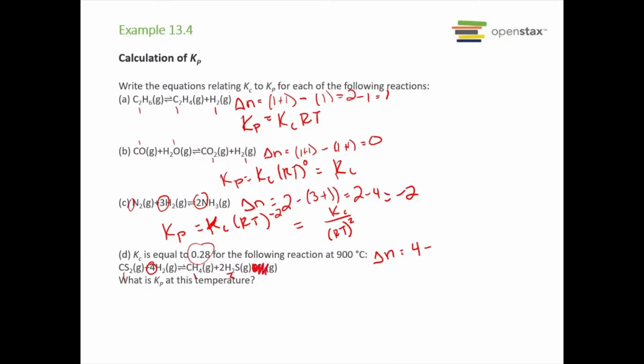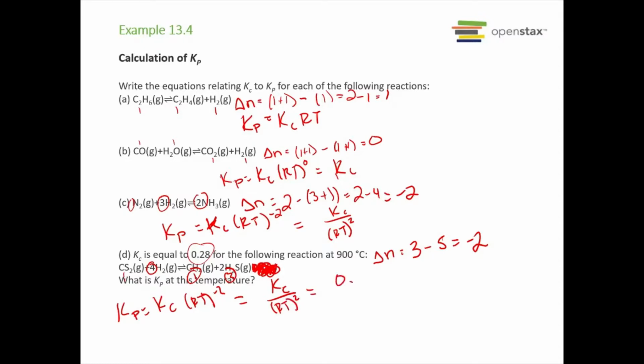Ignore the CS here. That should not be there, that's a typo. So our delta N then is 3 moles here, and 2 and 1 minus 5 is -2. So that means Kp equals Kc times RT to the -2, or Kc over RT squared.